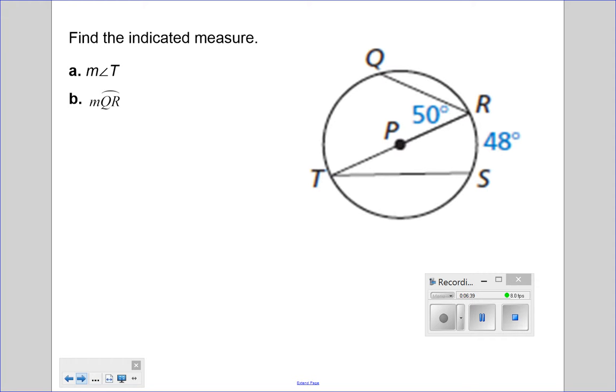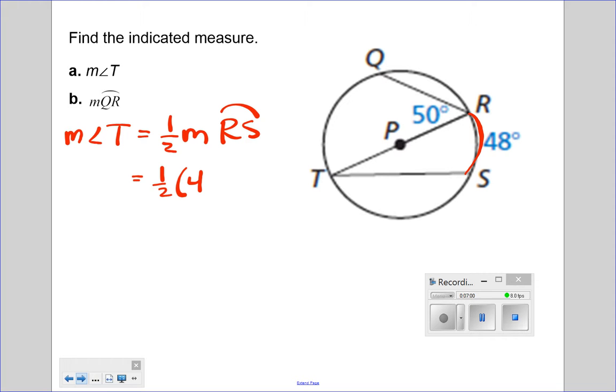Okay, so I know the measure of angle T is equal to 1/2 the measure of arc RS. What's the measure of arc RS? 48. So we have 1/2 times 48 degrees gets us 24 degrees. So I know the measure of angle T is 24 degrees.